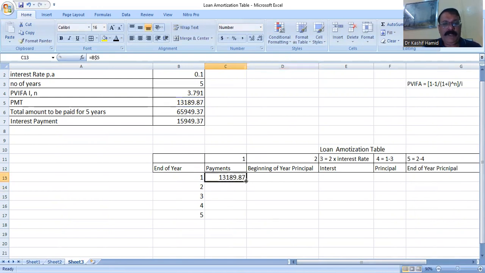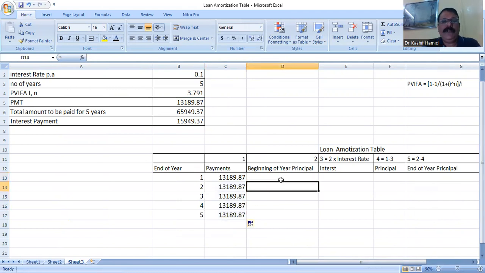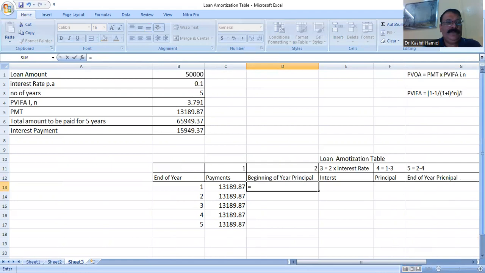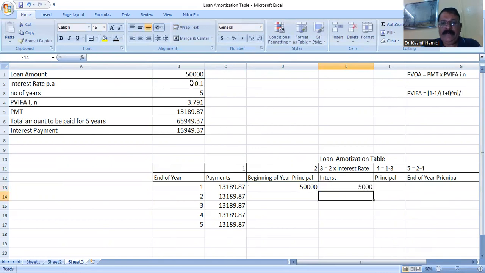It will never change, and we will create it for 5 years. Beginning of year principal is equal to the loan amount. We will not fix this because it will rotate every year. And how will our interest be computed? Interest will be computed by multiplying the principal amount by the interest rate.